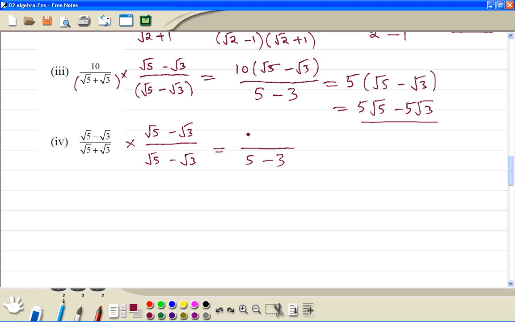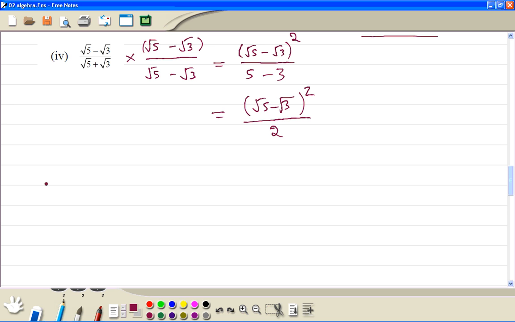But on the top we have root 5 minus root 3 multiplied by itself, so we put the square sign on the top. So we have root 5 minus root 3, all squared, divided by 2.